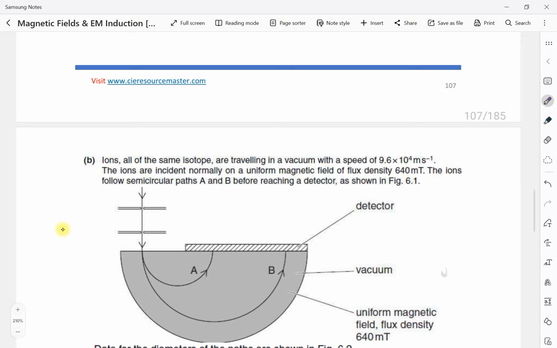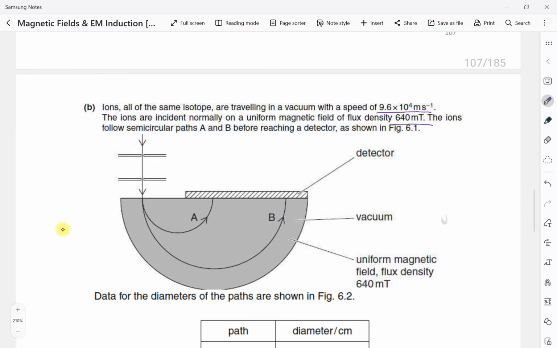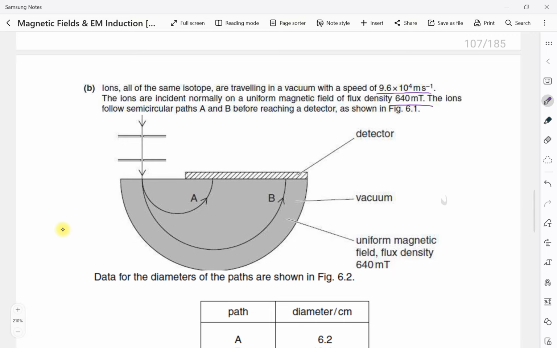Ions, all of the same isotope, are travelling in a vacuum with a speed of 9.6 times 10 to the power of 4 meters per second. The ions are incident normally on a uniform magnetic field of flux density 640 milliteslas. Because they are incident normally, the field is perpendicular to the direction of the velocity, so they experience a force.